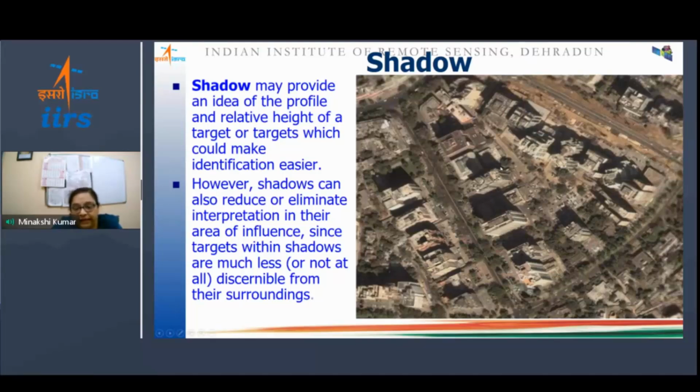So you can say that this is a taller building and this is a smaller building as compared to this building. Whereas this building is a very small building, with a very small shadow. The shadow gives me an idea of the height of the object, but this shadow is also obscuring the interpretation of this building. Had this building not extended till here, it would have been totally engulfed. So shadow aids in interpretation, and shadow is also a hindrance in interpretation.